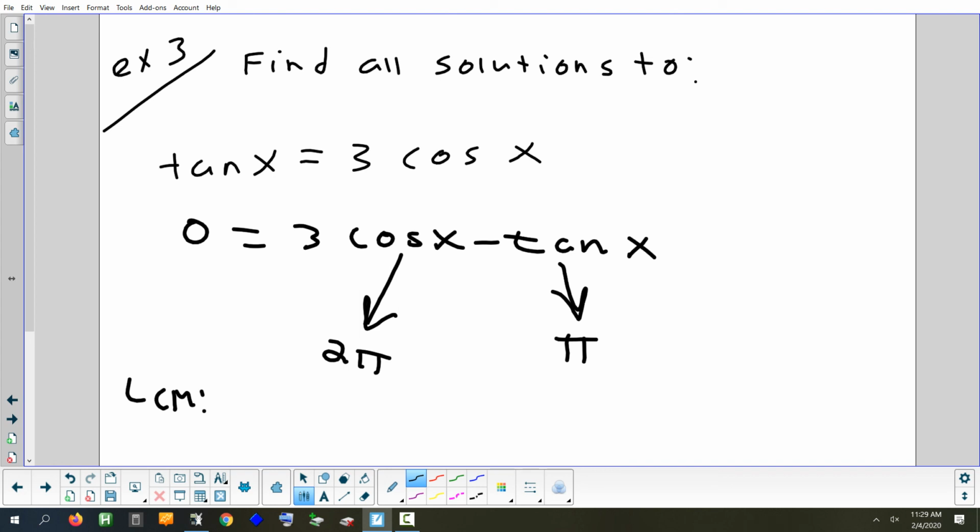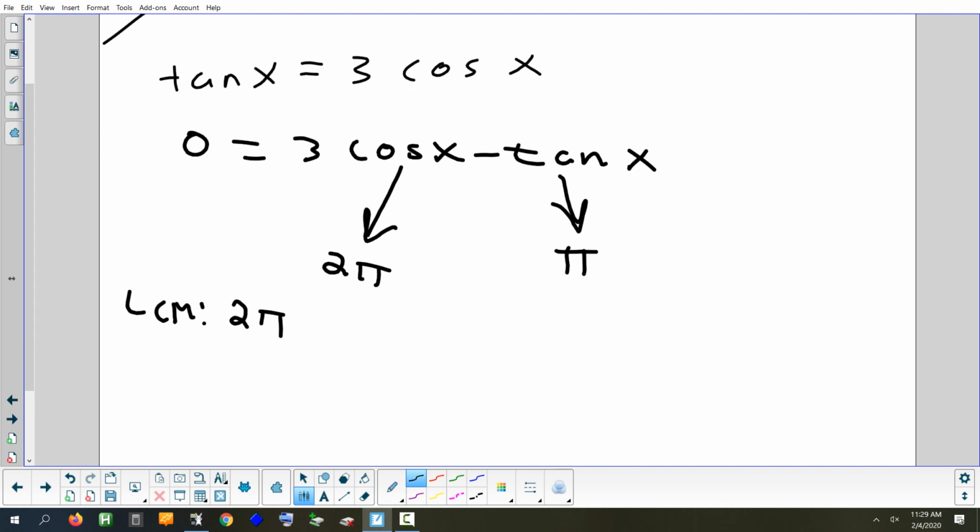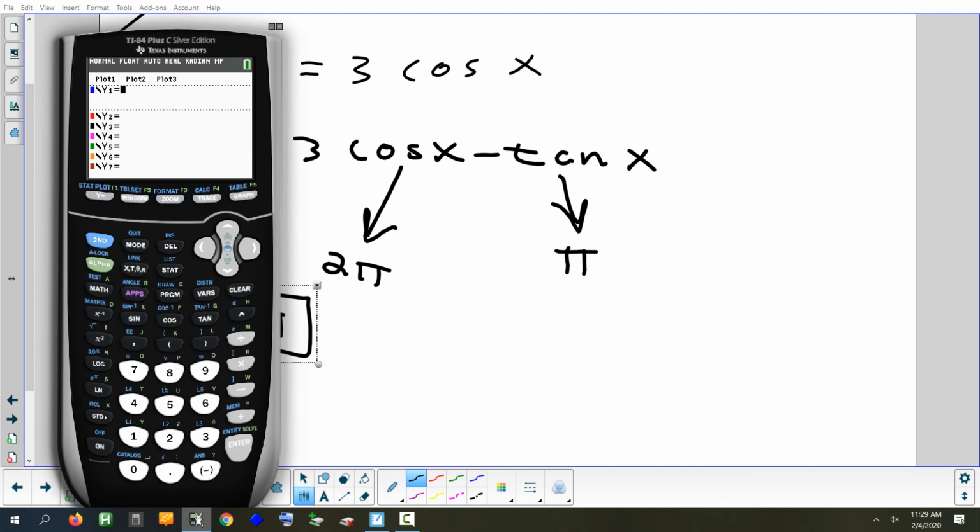What's the LCM of 1 pi and 2 pi? 2 pi. I'm not going to say it's going to be 2 pi every time, but it does come up a lot. Right. So when you write your answers, that's what you're going to use plus 2 pi n, and that's what you're going to set your window to in order to see one cycle. Since I zoomed in, I need to fix it.